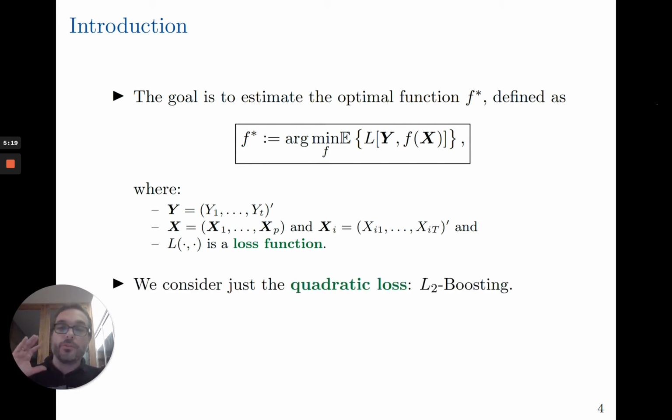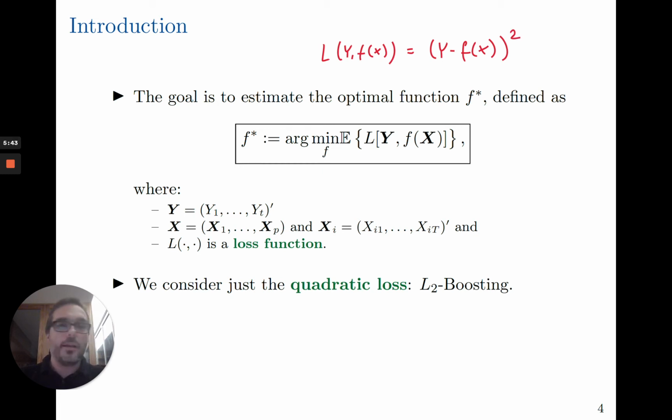So here we're going to consider the quadratic loss. So basically, we define that L of y and f of x is the square loss, okay? So it would be y minus f of x, the square of it, okay?